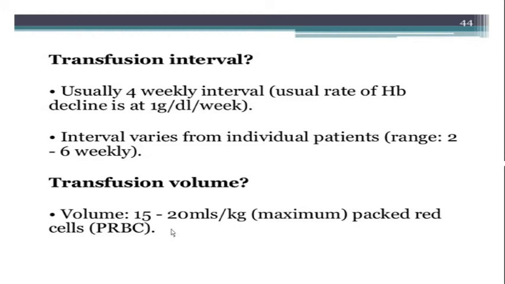That's every month you need a transfusion, or it can vary from individual to individual. It can be up to 6 weeks. So in a year you will need almost 8 to 12 bottles of RBCs, and usually the volume will be 15 to 20 ml per kg.